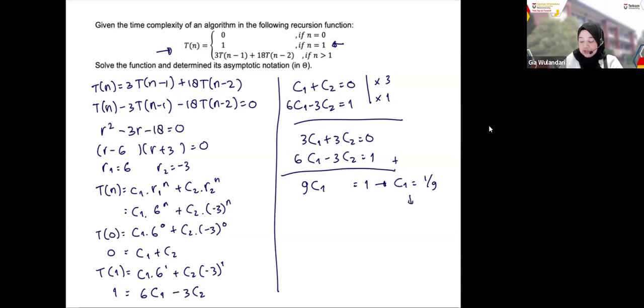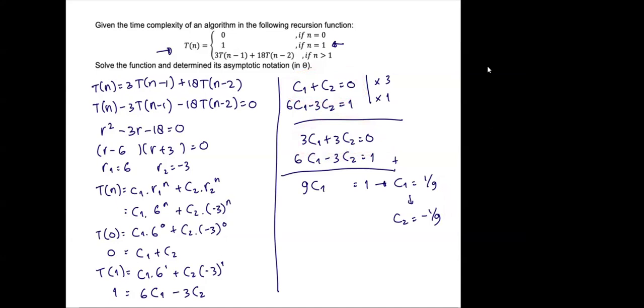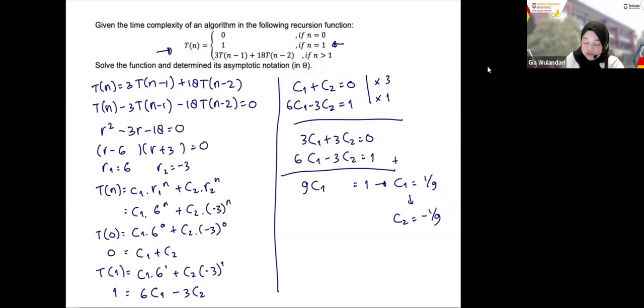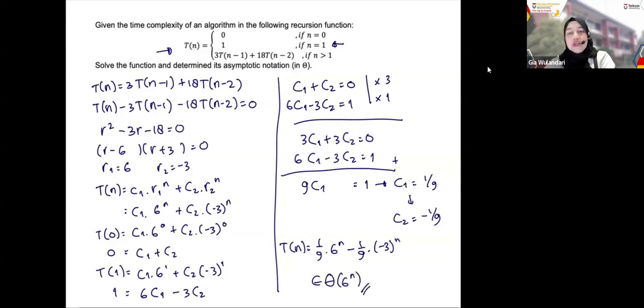And it means C2 is equal to minus 1 over 9, because we can use this equation to find C2. So the final result we have is 1 over 9 times 6 to the n minus 1 over 9 times minus 3 to the n, and it is in big theta of 6 to the n. This is all.